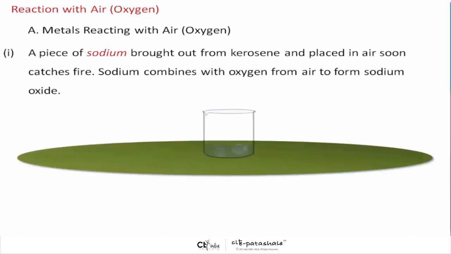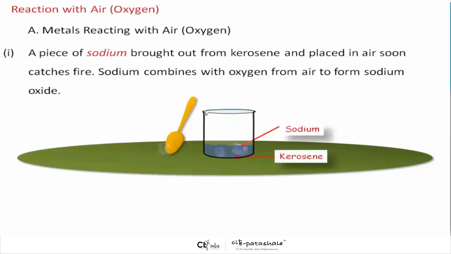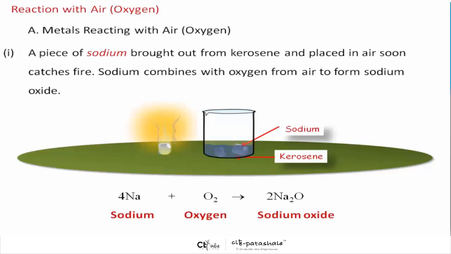A piece of sodium brought out from kerosene and placed in air soon catches fire. Sodium combines with oxygen from air to form sodium oxide. So sodium plus oxygen gives us sodium oxide.